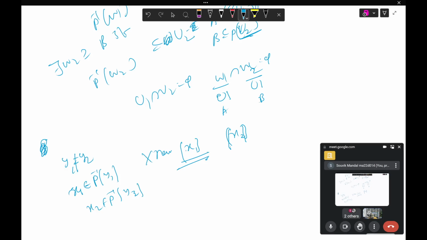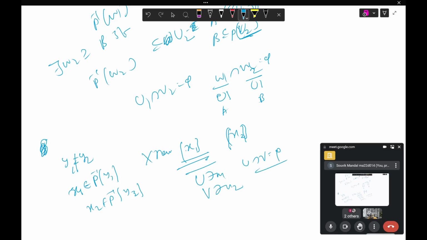And the map is closed. Okay, so there exists an open set because X is normal. Yes. So x1 is contained. Okay.